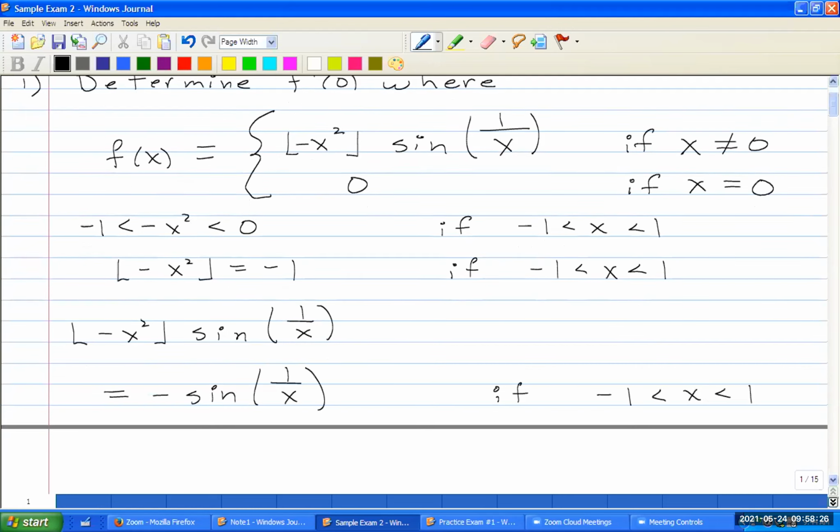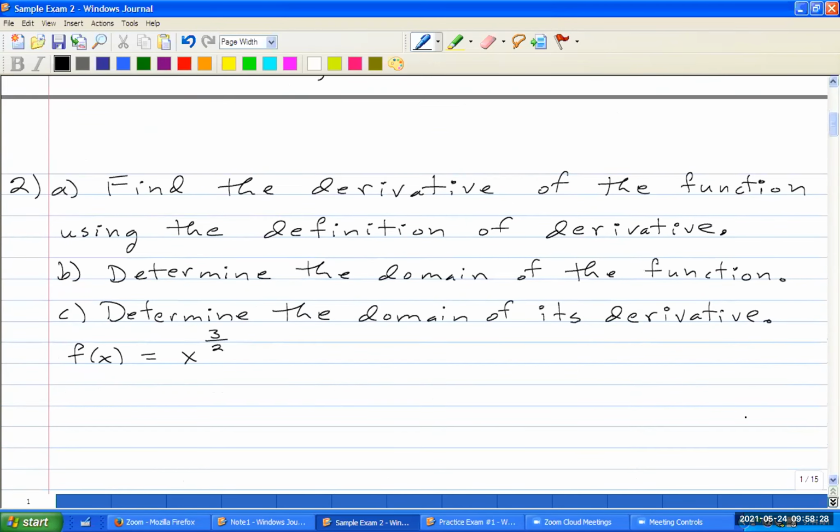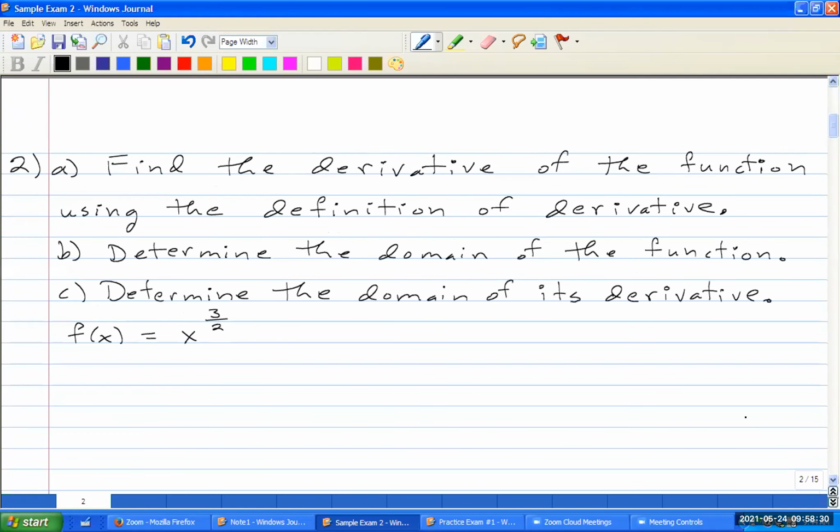Okay, so now let's try to find the derivative at 0.